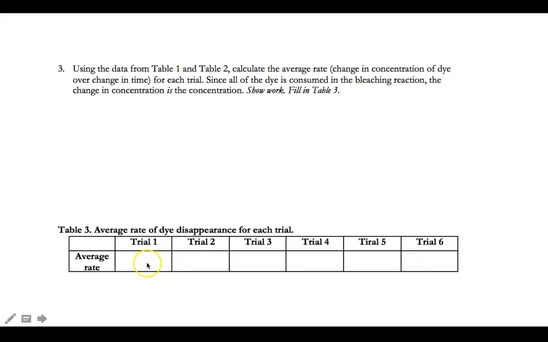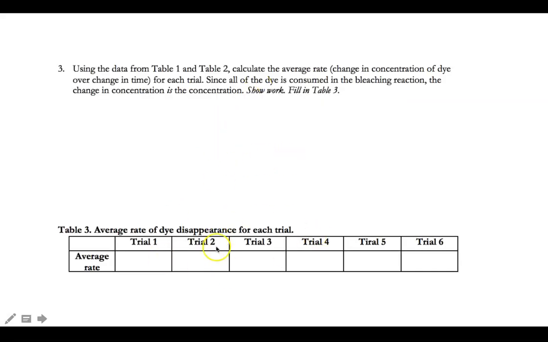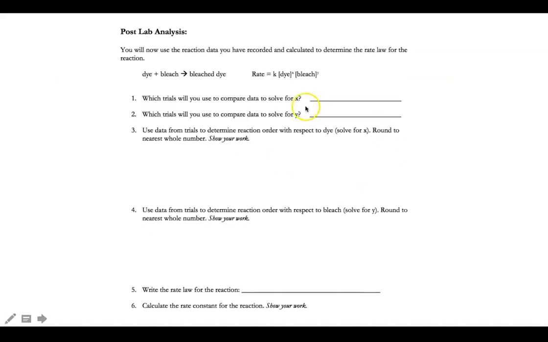You're usually using the initial rate in the reaction, but we don't have a way to measure that with our eyes anyway. So when you're doing this last part of the analysis and we're calculating the rate law, the rates that we're using are not exactly correct. They're not really correct, but they work-ish.